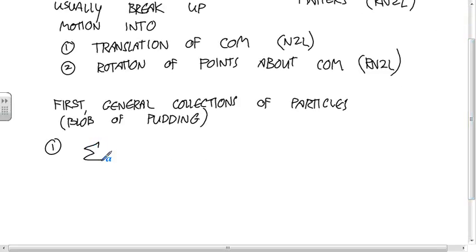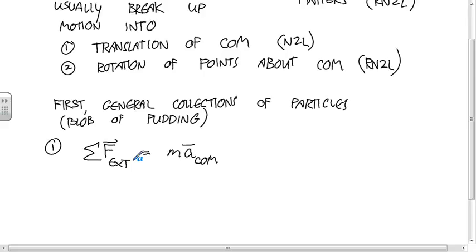Well, the sum of external forces on the pudding is equal to the mass of the pudding times the acceleration of the pudding's center of mass. That's kind of cool. I mean, you don't know very much about pudding, and you still get this useful equation out of it. We can actually calculate the acceleration of pudding based on the forces you apply to it. Even though a force would just rip right through the middle of it and the rest would splash off to the sides, this equation still holds.